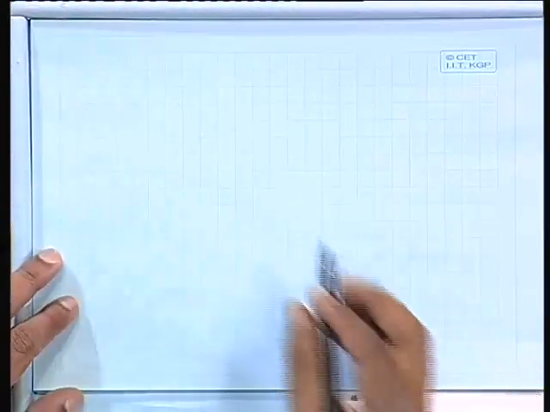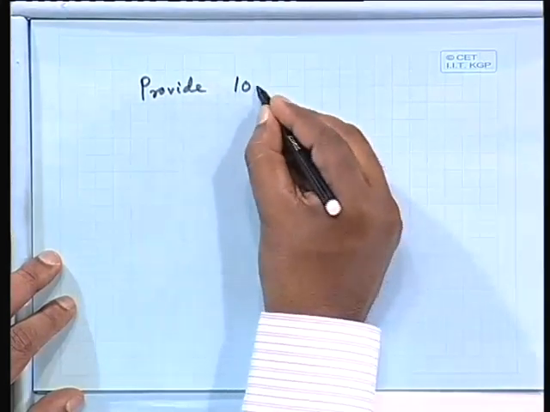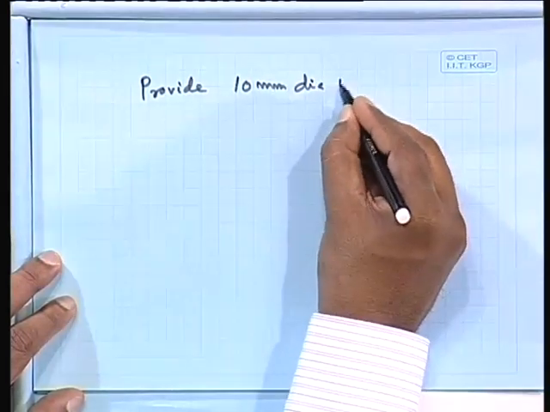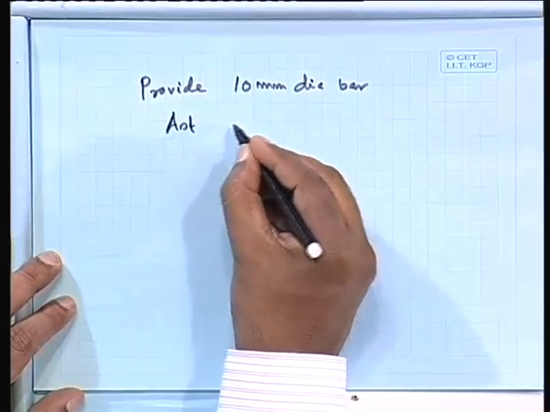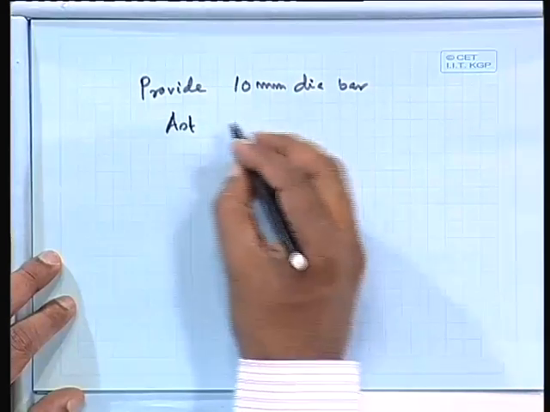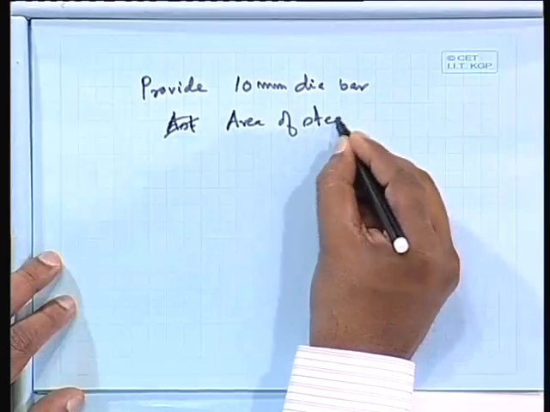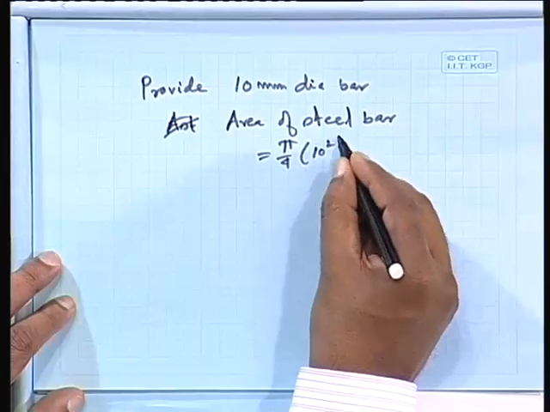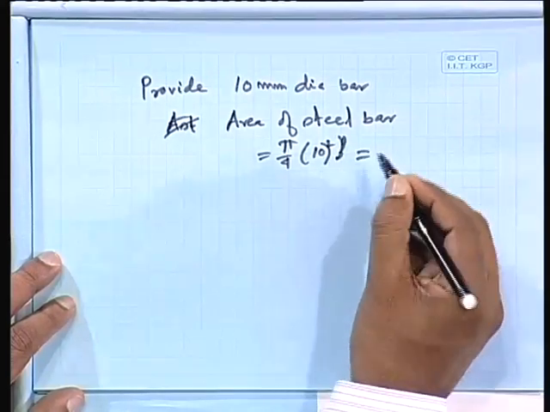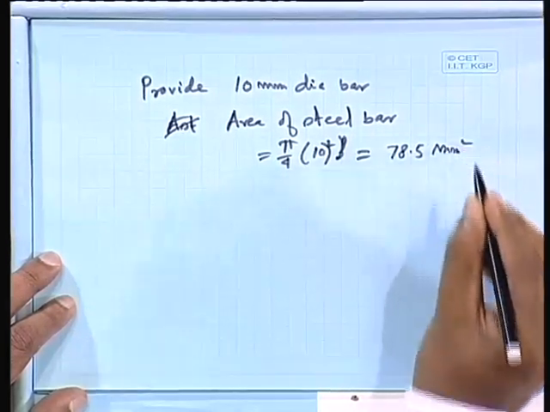Okay, so how much shall we provide then? Let us provide 10 millimeter dia bar. The area of steel bar equals 78.5 square millimeter.